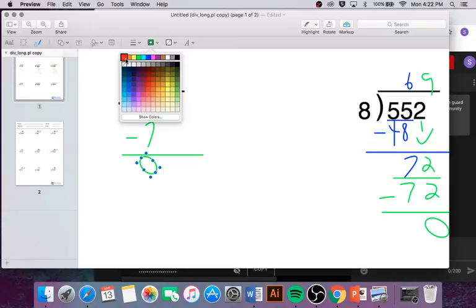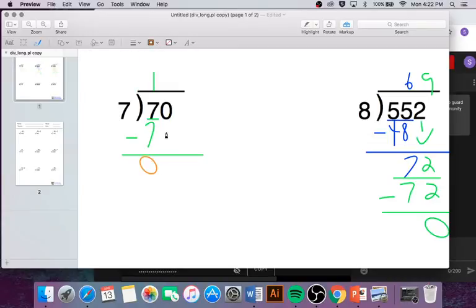And we're going to bring down our next number. Okay, now we have 0, but we still have to divide by this number. So 7 times 0 equals 0. So 0 times 7 is 0. 0 minus 0 is 0. And our answer to 70 divided by 7 is 10.